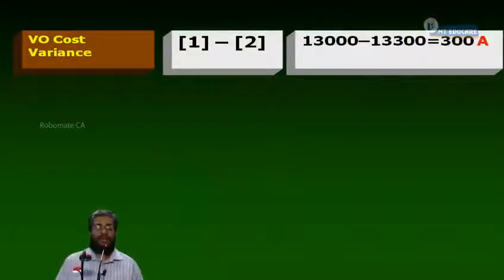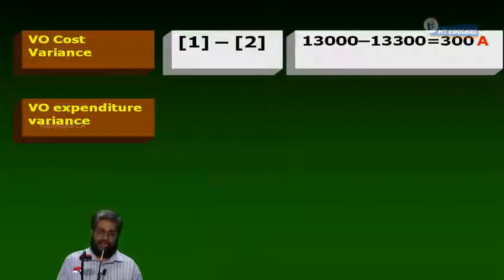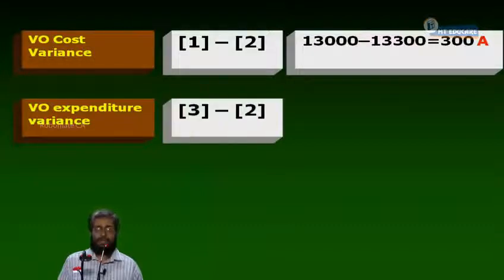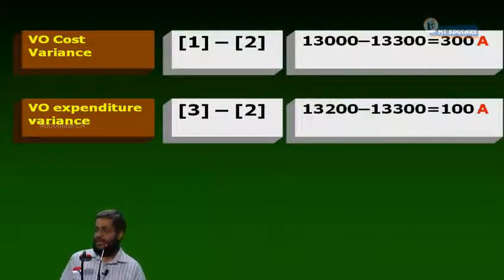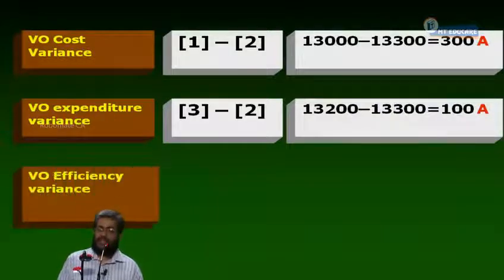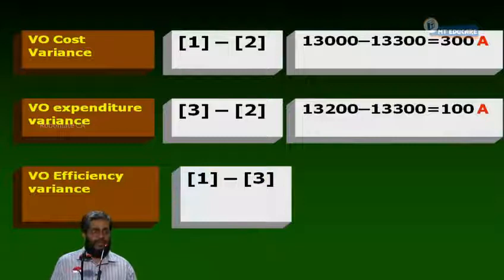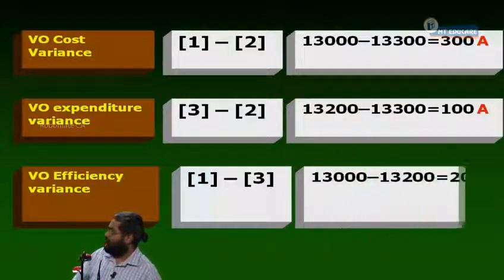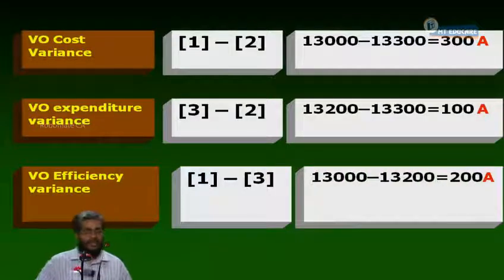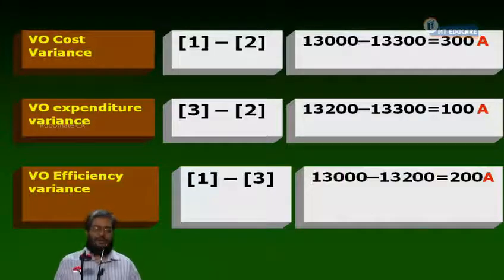Branch it into 2. Variable overhead expenditure variance: 3 minus 2. The number is 100 adverse. Variable overhead efficiency variance: 1 minus 3. How many is it? 200 adverse. 100 adverse and 200 adverse.